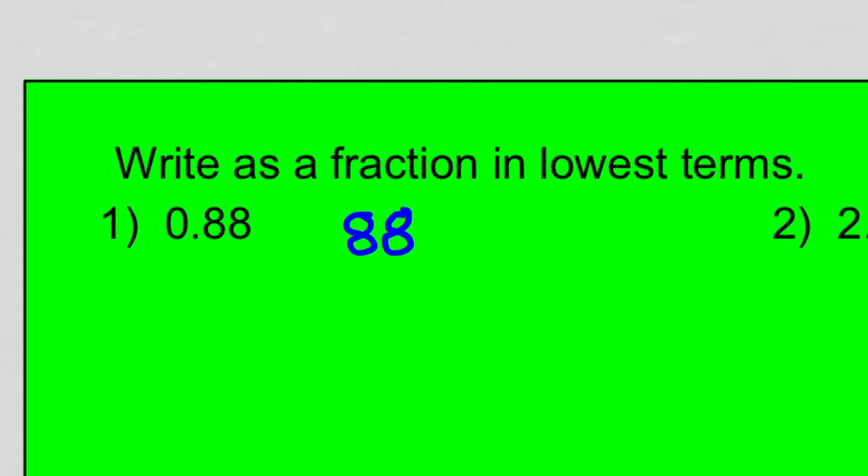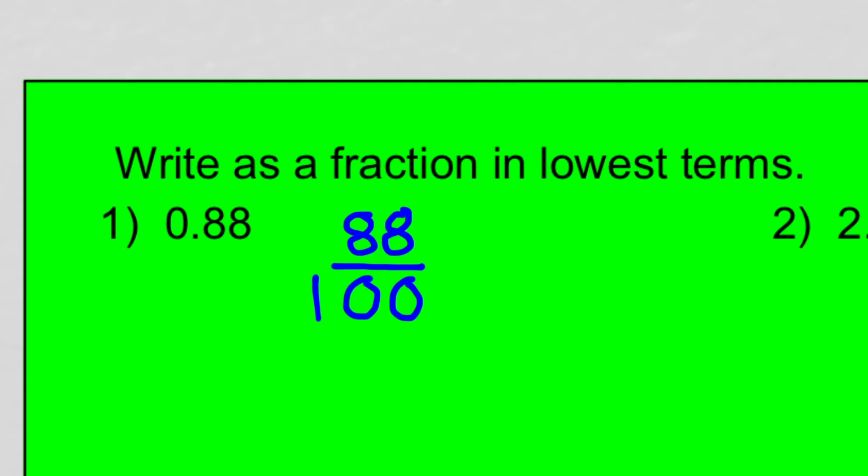There is no whole number in front, it's just a 0, so we don't have a whole number in this one. There are 2 digits to the right of the decimal, so in the denominator I'll have 2 zeros and a 1 in front. That decimal is 88/100.